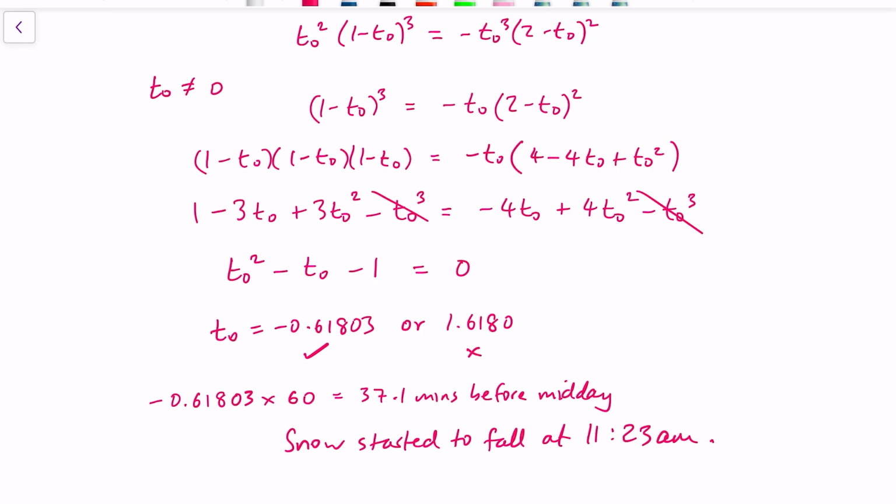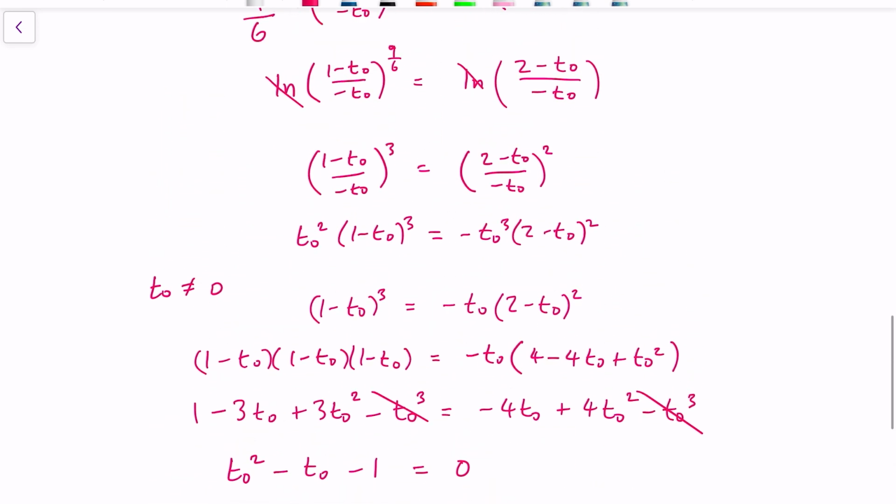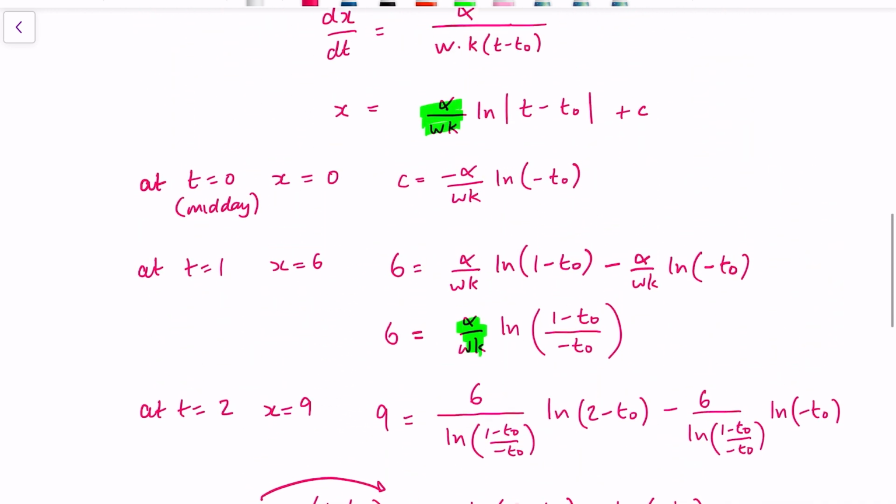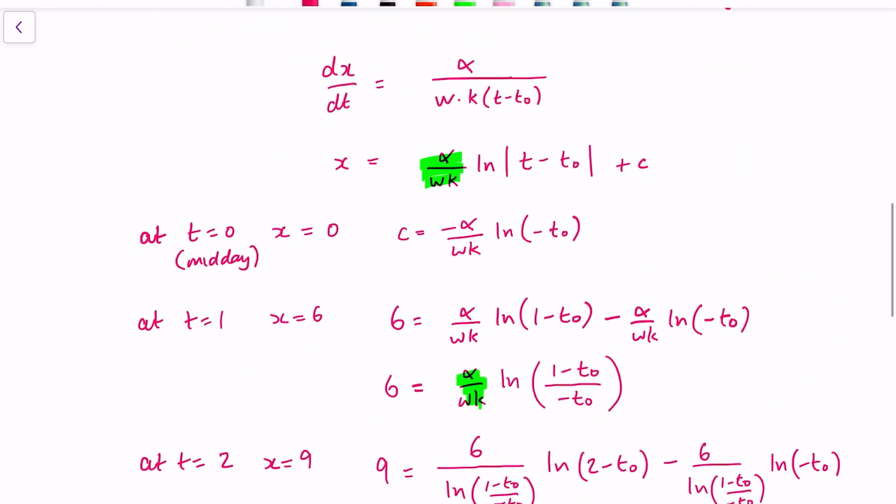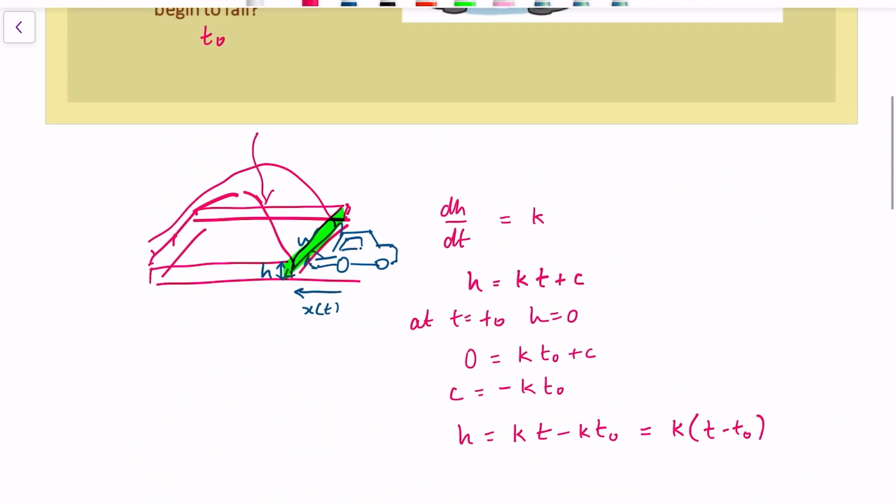Of course, there's some assumptions in modelling the situation. There always is when we set up a differential equation to make some assumptions around how the variables are related. Like in this particular question, I'm saying the speed of the snowplow is proportional to the amount of area of snow that's in front of it, and the area of the snow in front of it is proportional to time, because the snow is falling at a constant rate and it's building up, although the width of the snowplow is constant.